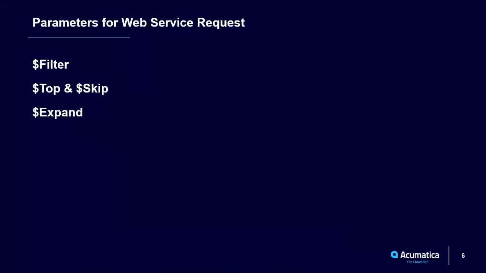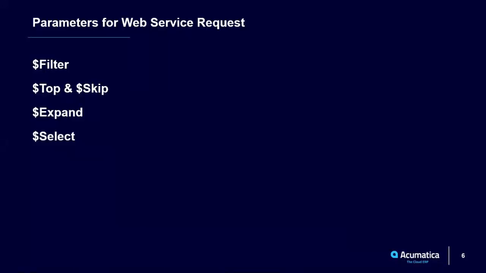You have the expand parameter that allows you to expand a subsection of the screen that is defined in sub-entities, which I'll be showing a bit later in the endpoint. You have the select parameter that allows you to retrieve only specific fields. For example, if you do not specify this parameter, all the fields defined in that entity will be returned.